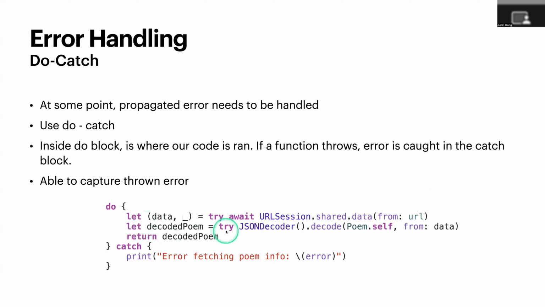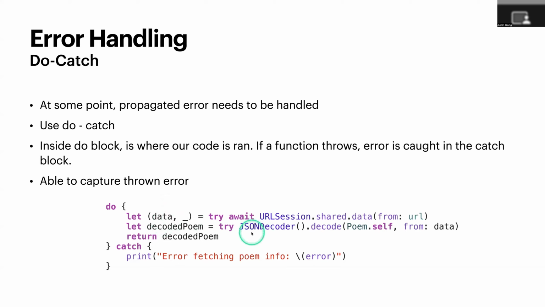Here we have these two lines right here. The first line is where we actually make a request given a URL. And the second line is where we try to decode that fetched data, which is of type Data, into a poem struct.